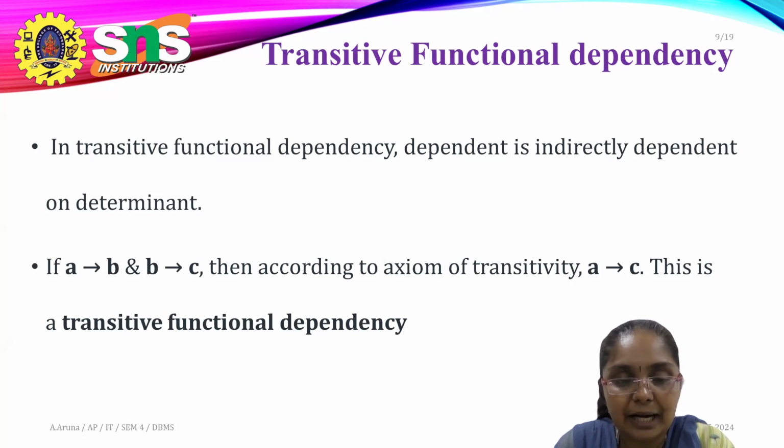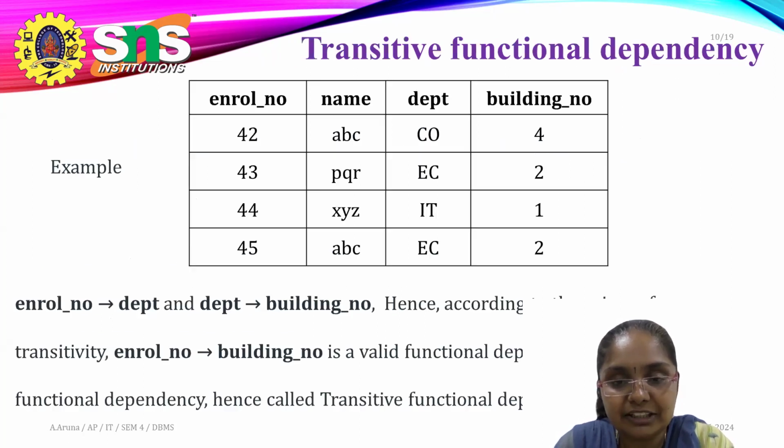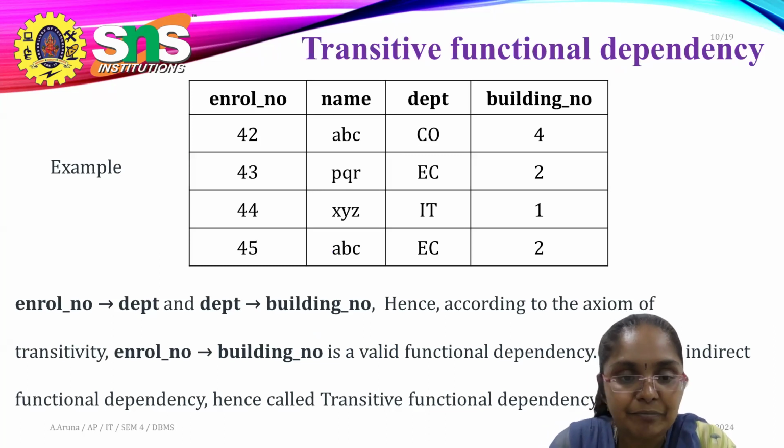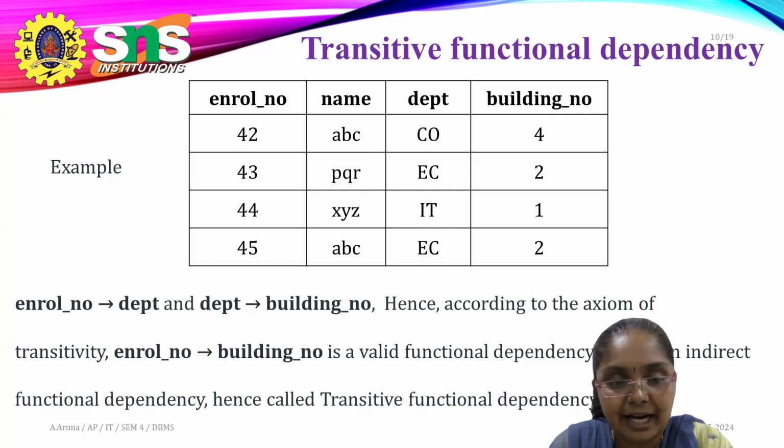If A tends to B and B tends to C, then according to the axiom of transitivity, A tends to C. Because A tends to B, B tends to C, A indirectly tends to C. See the example here: enroll tends to department tends to building number. Through enroll, I can identify the building number through my department. That is the meaning of this. So this type of dependency we call a transitive dependency.